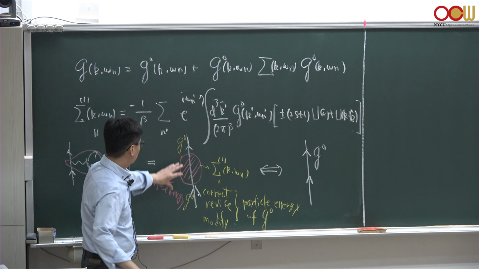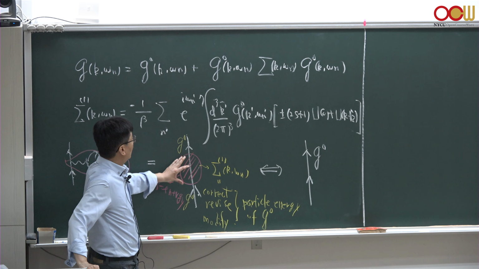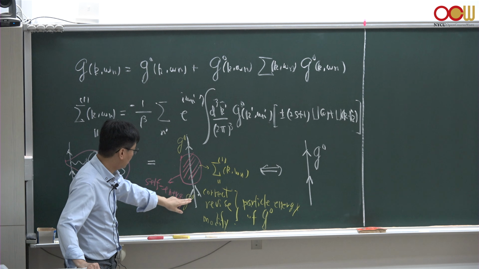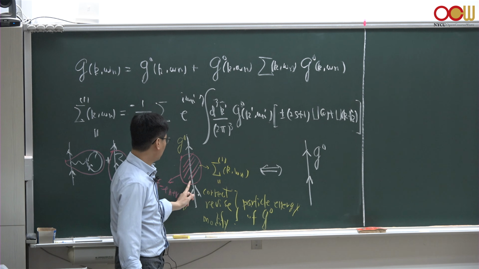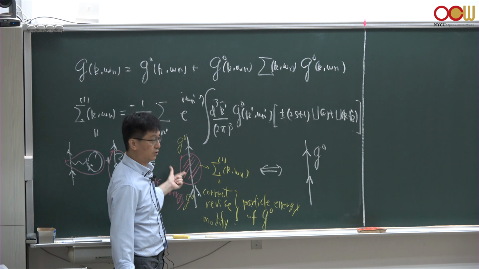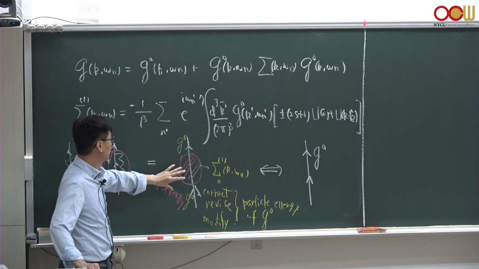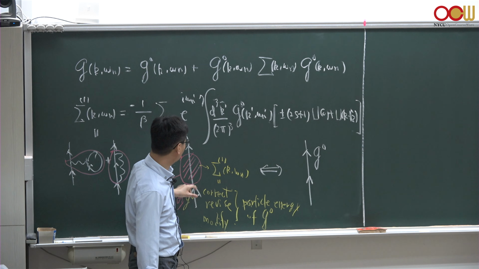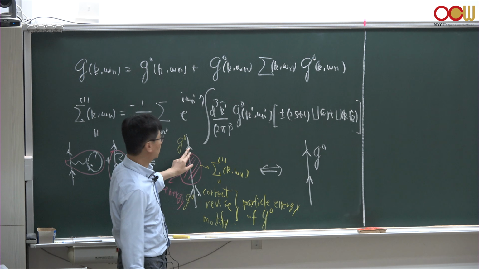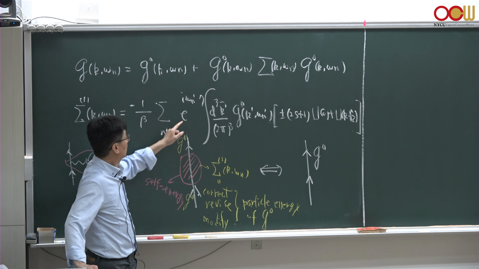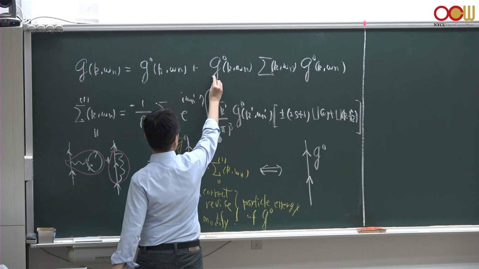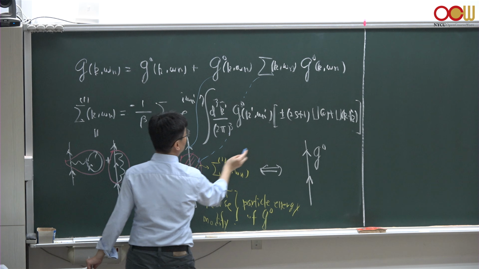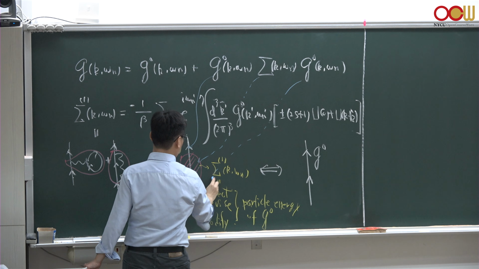If you simply read off this diagram, you could reproduce this expression or vice versa. So this tells you that there is a particle going in this direction, and then in K and omega space, there are some diagrams that contribute the self-energy of this incoming particle, and after this scattering, you get back to G0 again. So there's a one-to-one correspondence. This is G0, this is sigma, and this is the other G0.